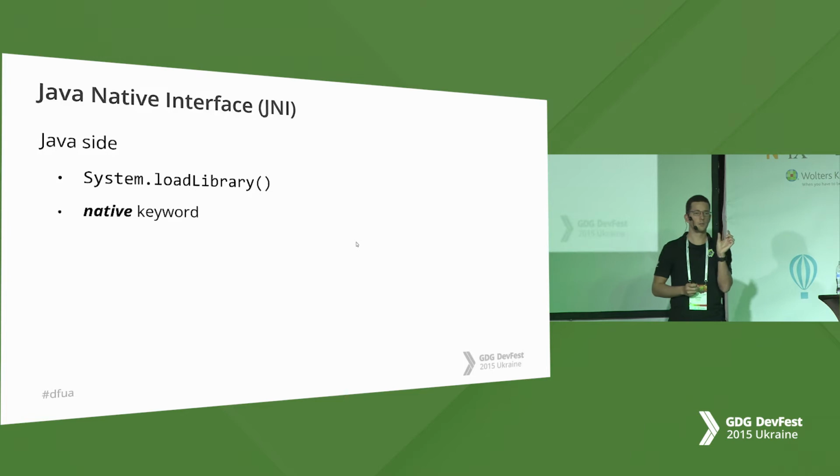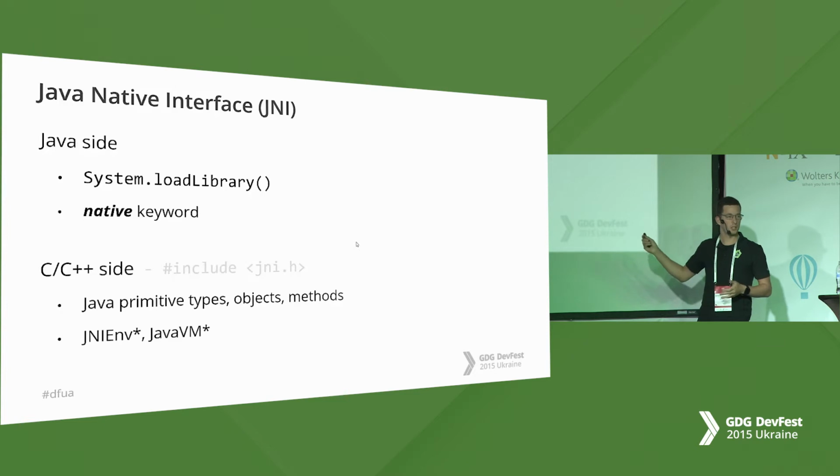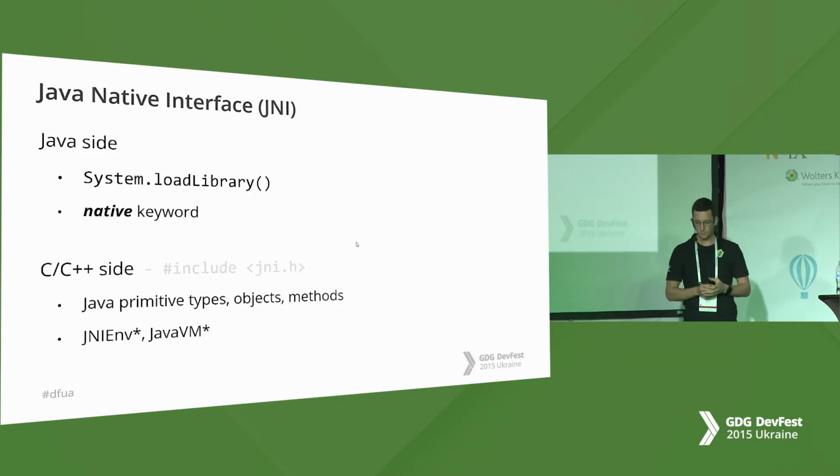You add this native keyword to any function inside your Java, and that means the implementation of this function will be from one of these .so files you compiled. So you will not have the implementation inside the Java. It will be declared as native, and the JVM will look for the implementation inside the .so file you will have loaded with loadLibrary.